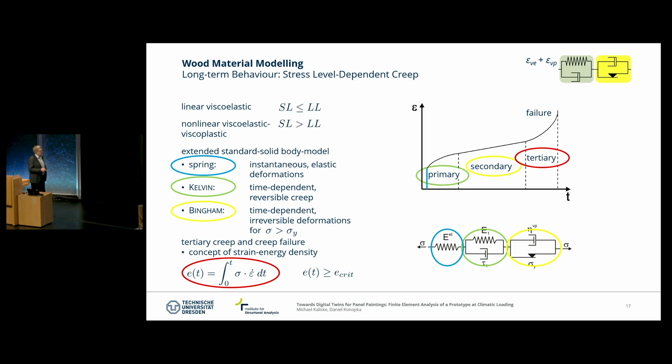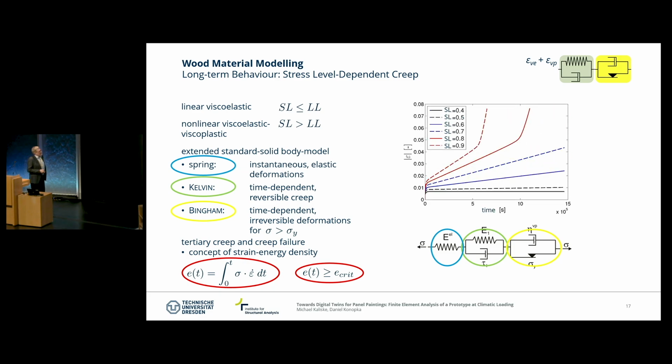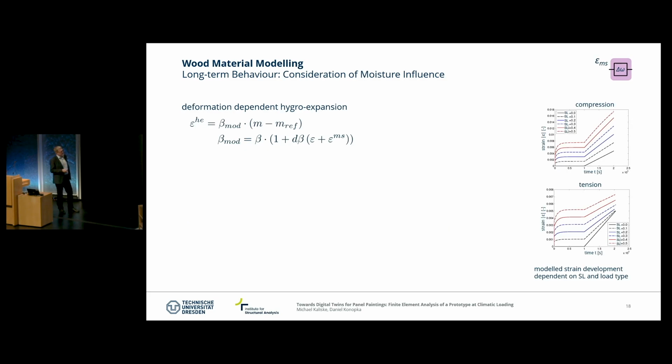It could lead at the end to failure, and the description is based on a strain energy density approach. And failure is approached when the red strain curves are suddenly going upwards and turning up. That's a situation of failure.